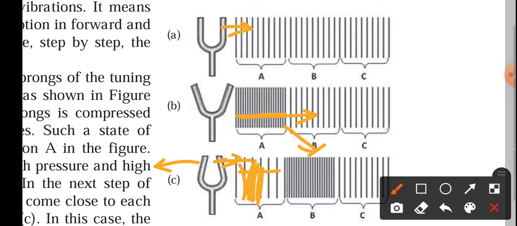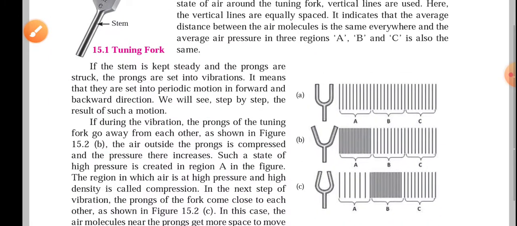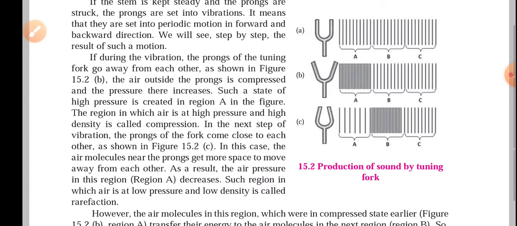So this section indicates how the sound is traveling, because this vibration produces a disturbance in the air column, and the disturbance produced in the air column is nothing but producing a sound.